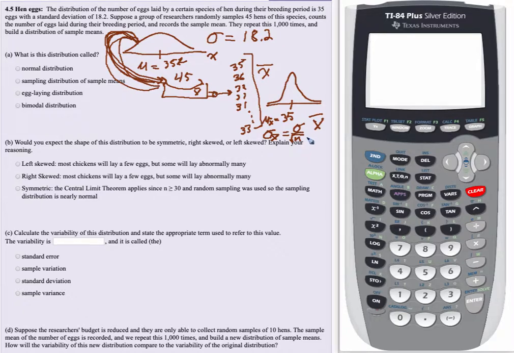So the standard deviation of the X bars is going to be equal to 18.2 divided by the square root of 45. It's not the square root of 1,000. That's how many means we calculated, but every one of those was a sample of 45. The 45 here is our n.